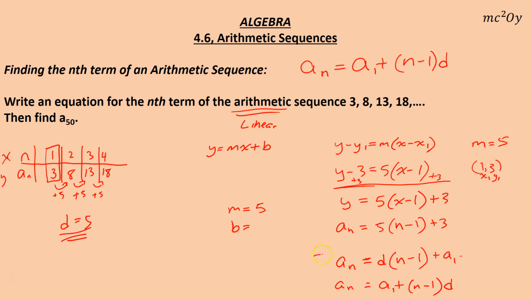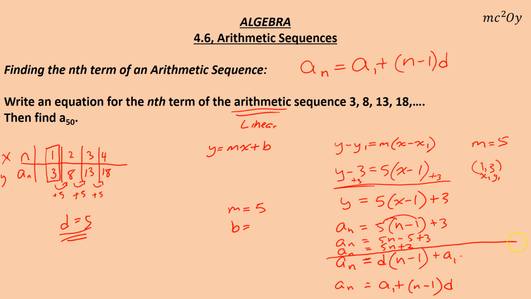Like, look, if I wanted to write this equation in slope-intercept form, a sub n is equal to, I could distribute this, 5n minus 5 plus 3. And I know that would actually be, I'm going to have to squeeze this in here, a sub n equals 5n plus 2, right?